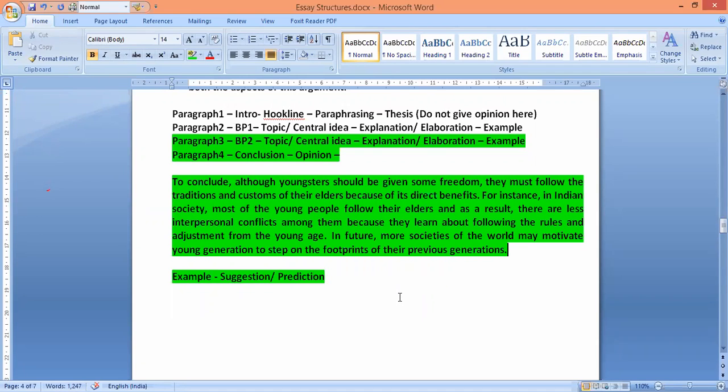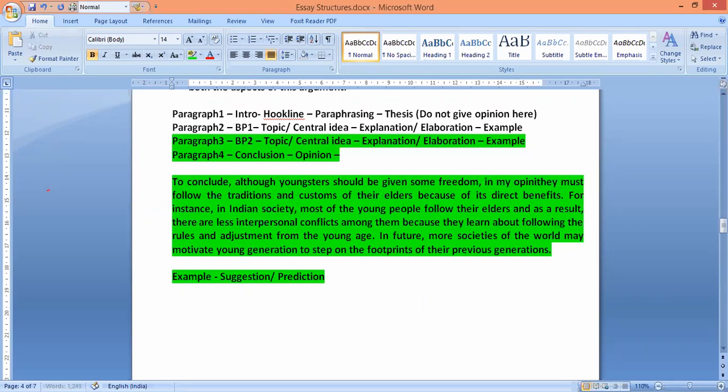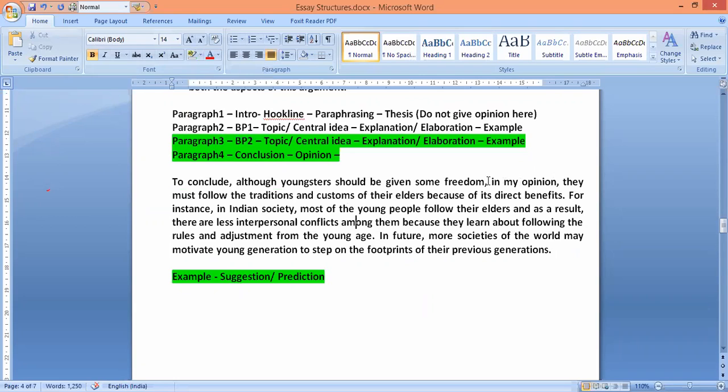Now you are giving your opinion here. This is your opinion because they must follow, or you can say, in my opinion, they must follow the tradition of the elders for this benefit. You are saying that they should do it because of the benefits, and this is the benefit you are giving.